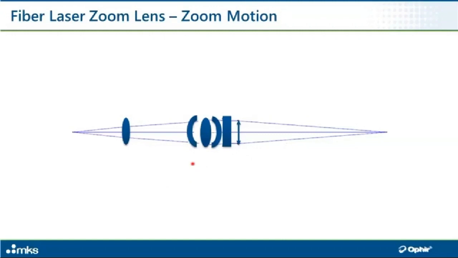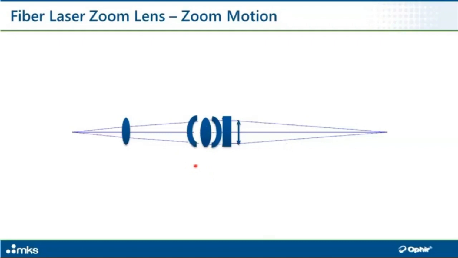So first we will see how to change the focal length of this zoom lens, and this will be achieved by moving these three optical elements.